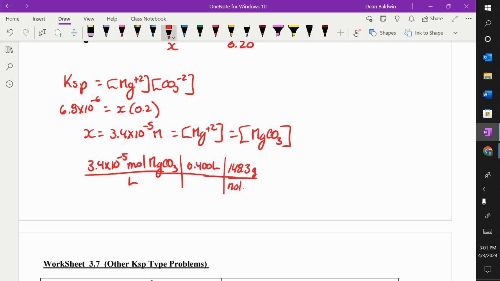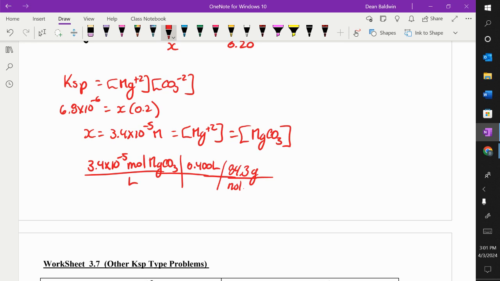MgCO3. 84.3. Told you. I don't know where I got 148. But we were both thinking the same thing. I don't know what we did, but we did the same thing. So it's 84.3 grams per mole. So now I'm doubting my answer.